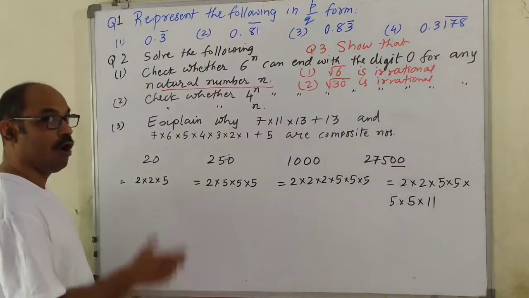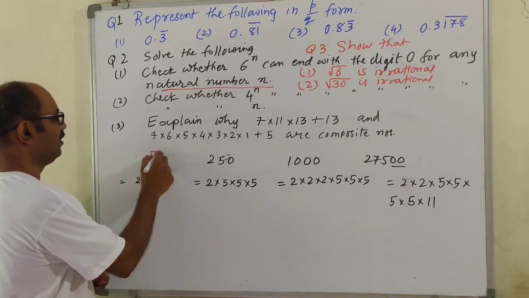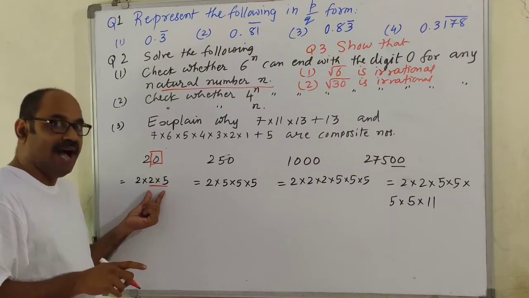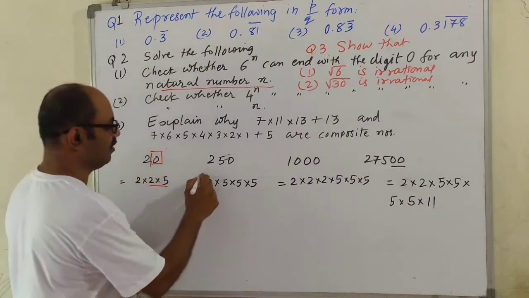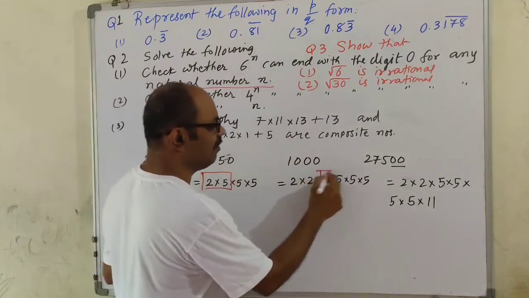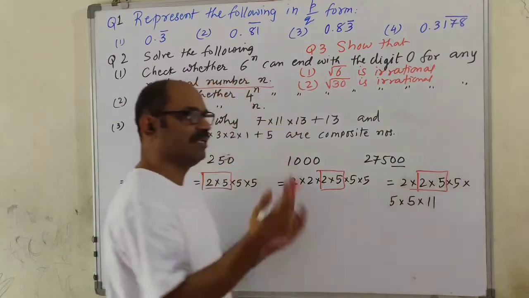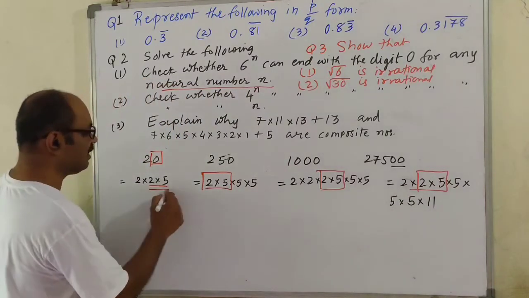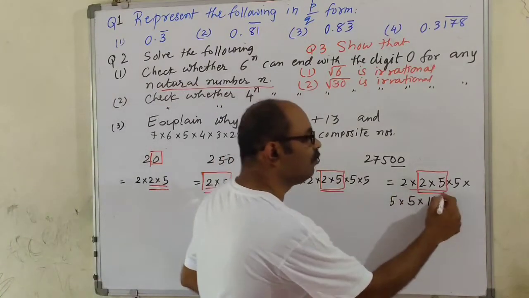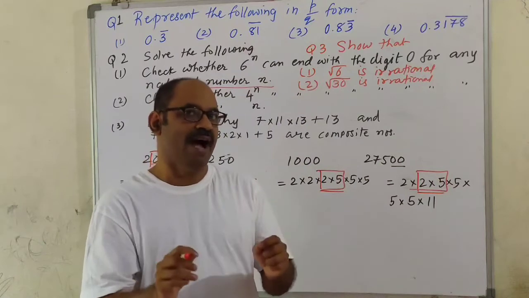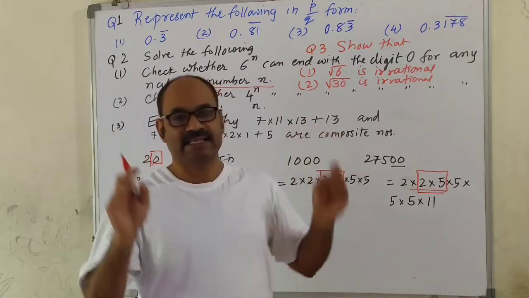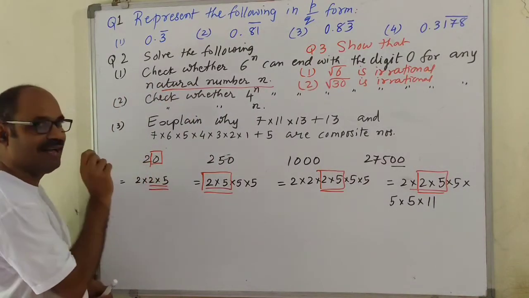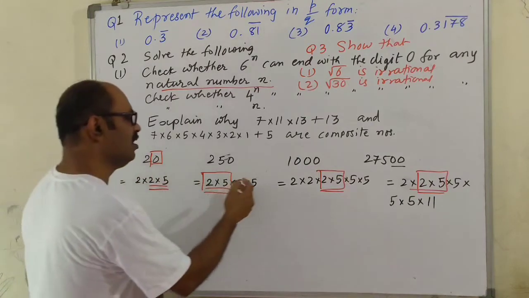Observe nicely and understand one thing here. It is ending with 0. You need at least one pair of 2 and 5 in its prime factors. One pair at least should be there. If there are more, with any other number, we are least concerned.